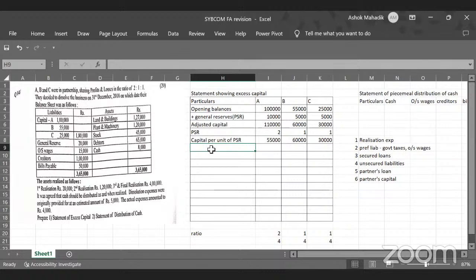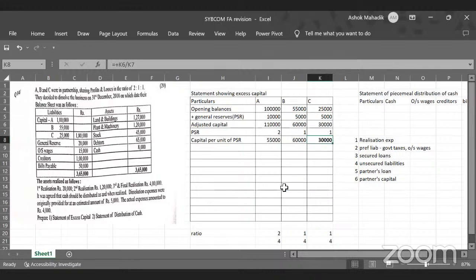You get how much they have brought in for each share. So A has brought 55,000 per share, B has brought 60,000 per share, and C has brought only 30,000 for one share. Okay, so whichever capital per unit comes lowest, we have to take that as a base.